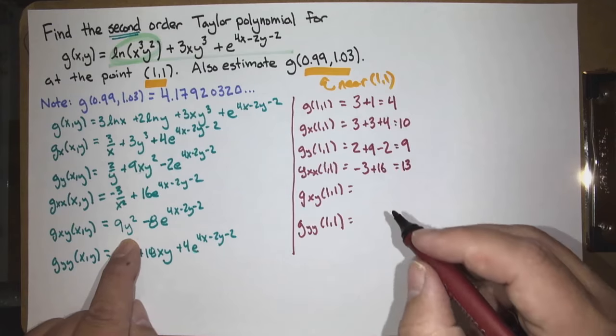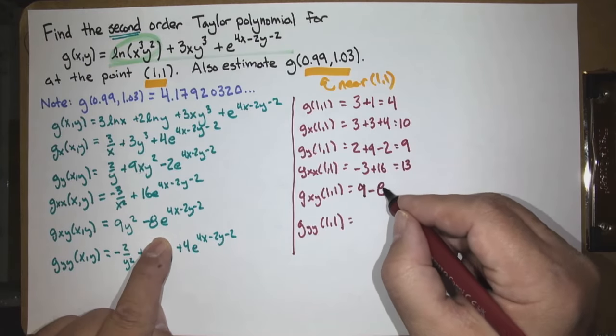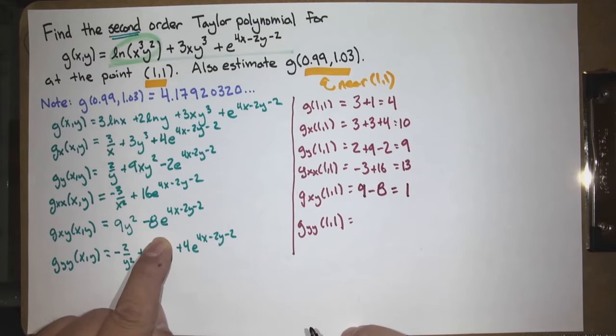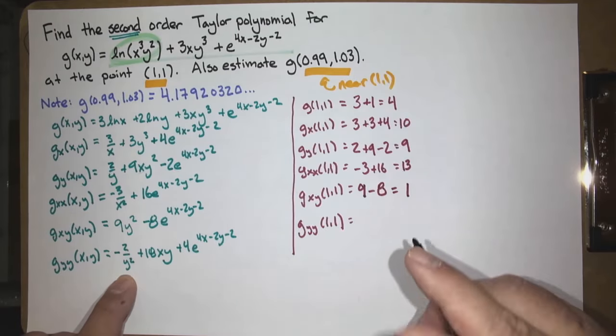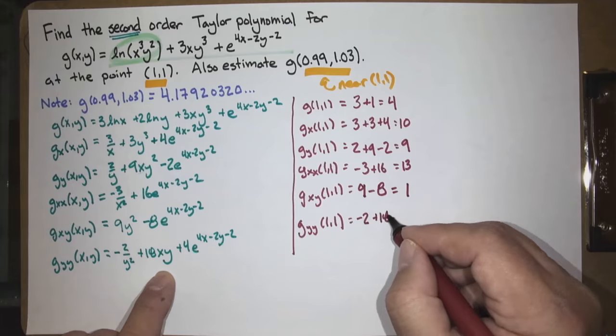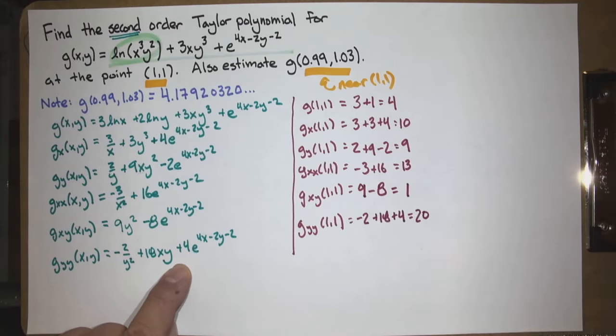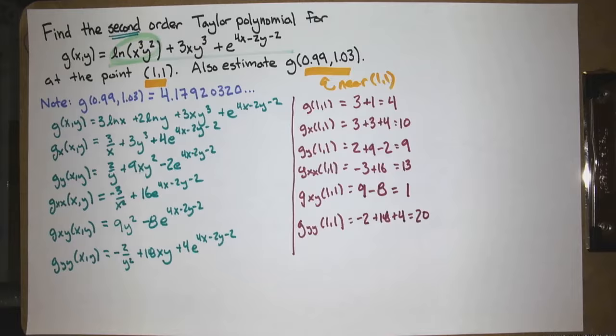G sub xy is 9, subtract 8, which gives 1. G sub yy, negative 2, plus 18, plus 4, which makes 20. All right. Good. Are we done? No. We probably need another page.